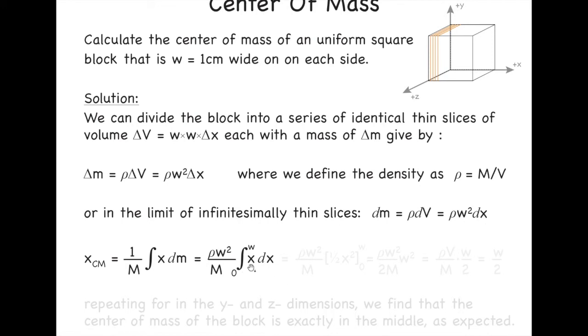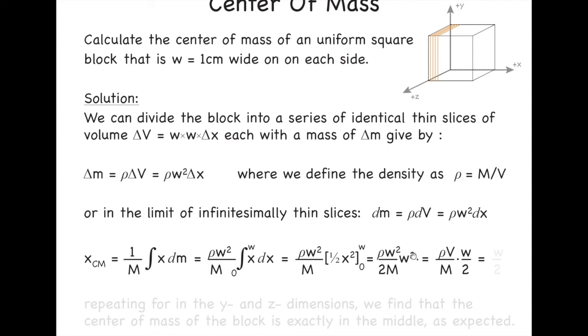Okay, but the integral of x dx is just 1/2 x squared, evaluated at the two endpoints, which gives us a w squared over 2, right? Which gives me a rho V over m.